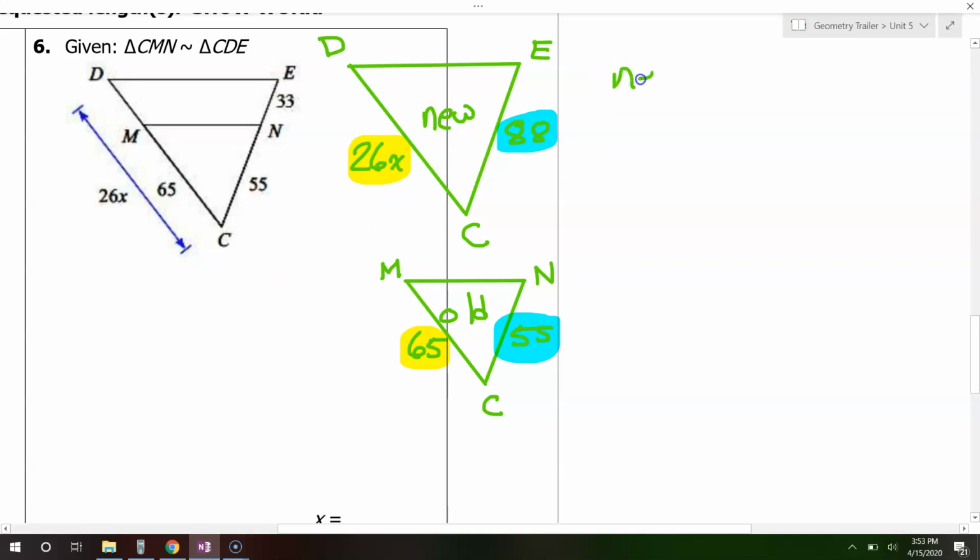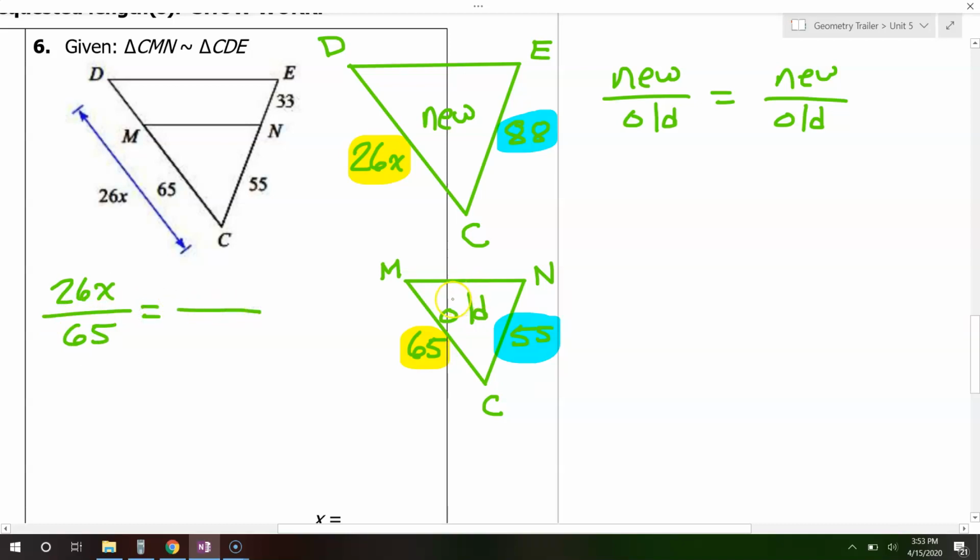But the only point is so I can make an equation in the form new over old is equal to new over old. It just helps me make sure the equation is in the right order. So if I do the yellows, new over old is 26x over 65. And now if I do the blues, new over old is 88 over 55.